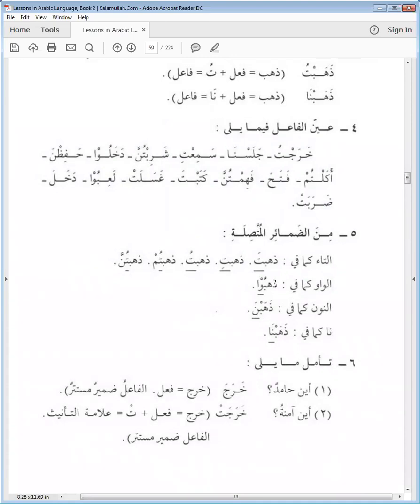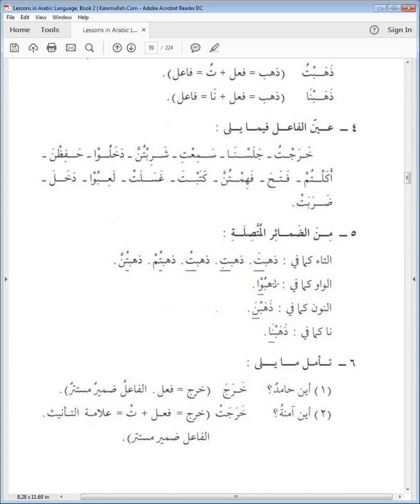How can we do that? For example, you say, Aina tullabul juludu, where are the new students? Or if we're using singular, we say, Aina talibun jadidun, where is the new student? And someone might answer, Dhahaba ila al-mudiri, he went to the principal.